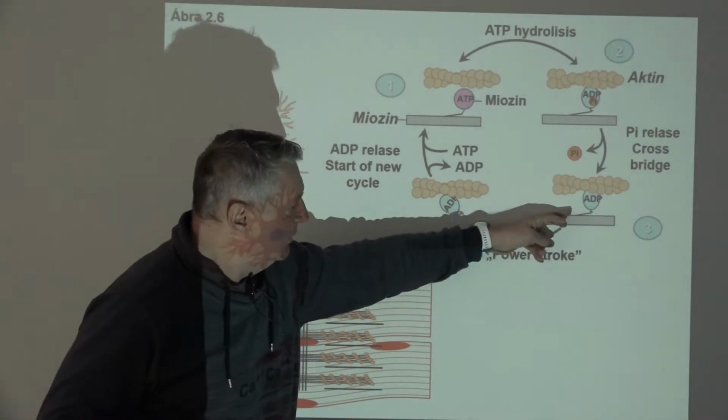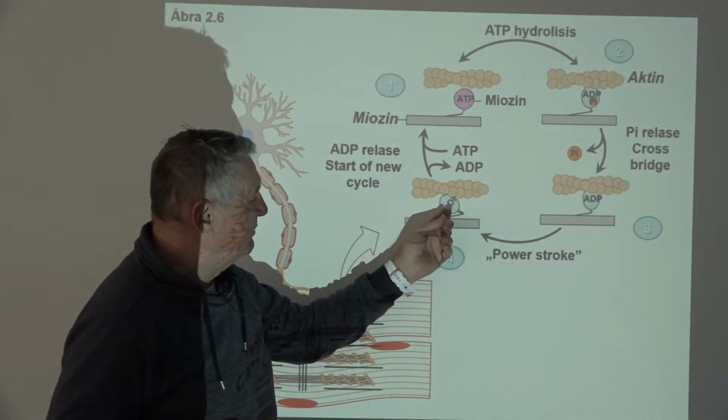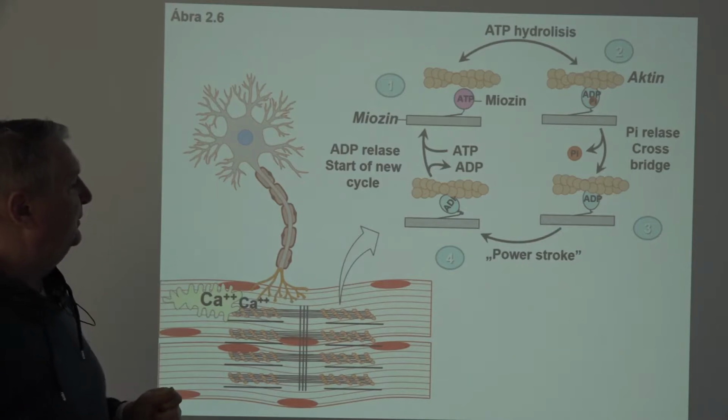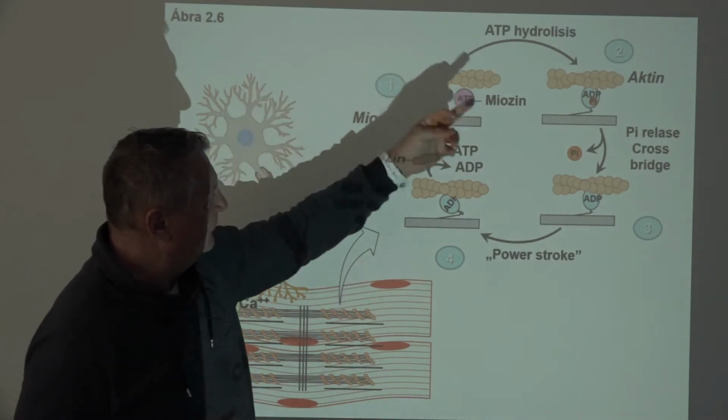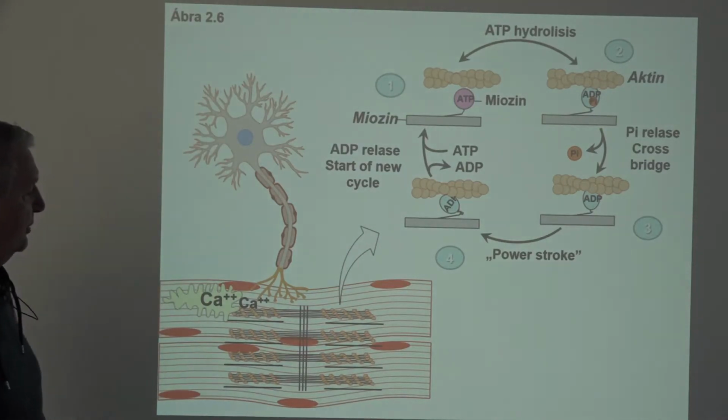You can see the changes of the myosin heavy chain. The angles are changing here, showing the movement, and then the relaxation. So this process is working in the muscle, and this is what results in muscle movement.